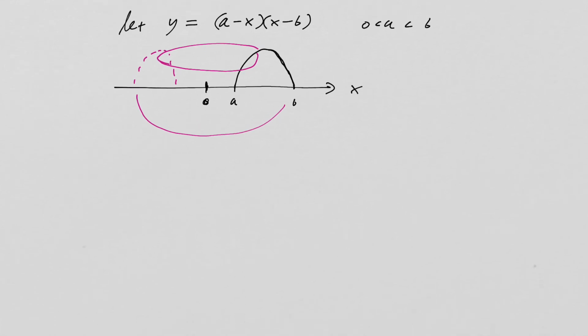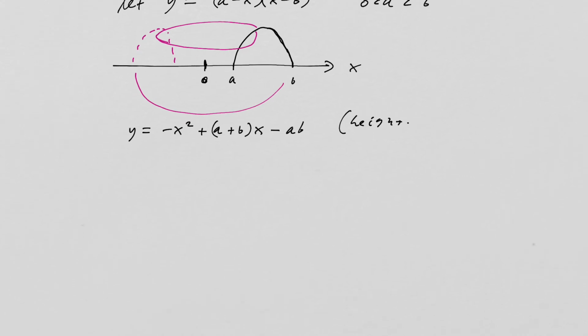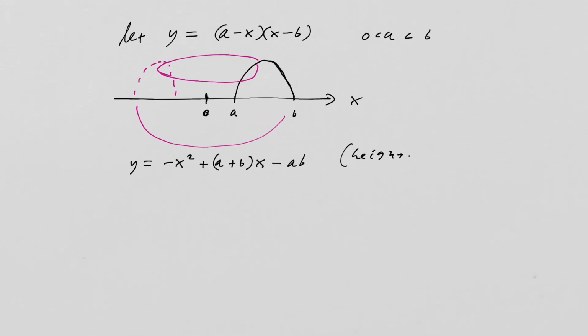So of course what we have to do now is FOIL out my function. That's going to be minus x squared plus (a plus b) times x minus ab. Okay, so again, this is that height of the cylindrical shell. And we're going to start at x equals a and go to x equals b, and x is going to move this way.